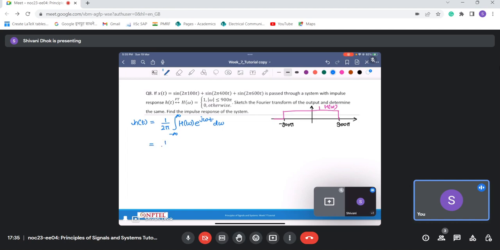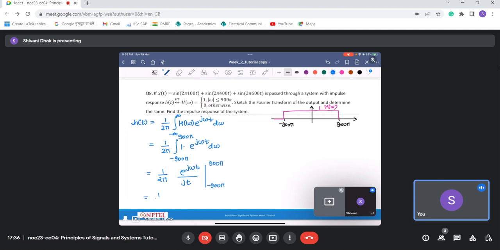It is non-zero only between minus 900 pi and 900 pi, so this can be written as 1 upon 2 pi times the integral from minus 900 pi to 900 pi of 1 into e power j omega t d omega. This can be written as 1 over 2 pi, e power j omega t upon jt, from minus 900 pi to 900 pi.